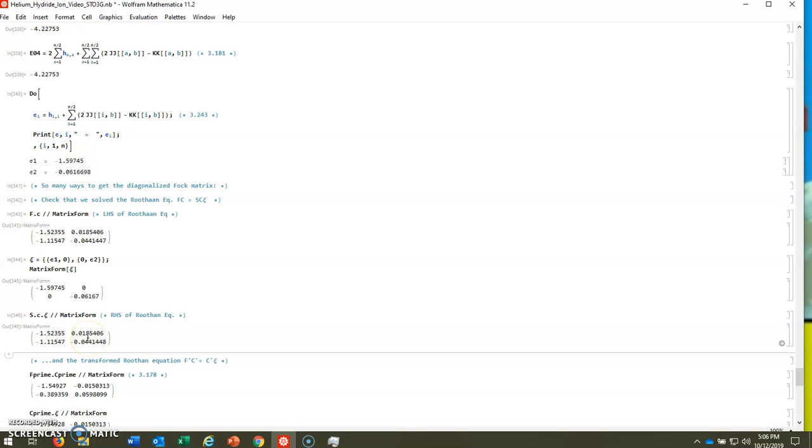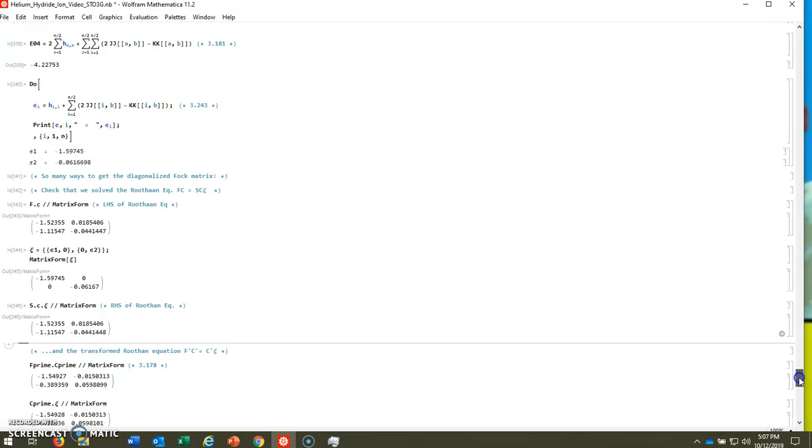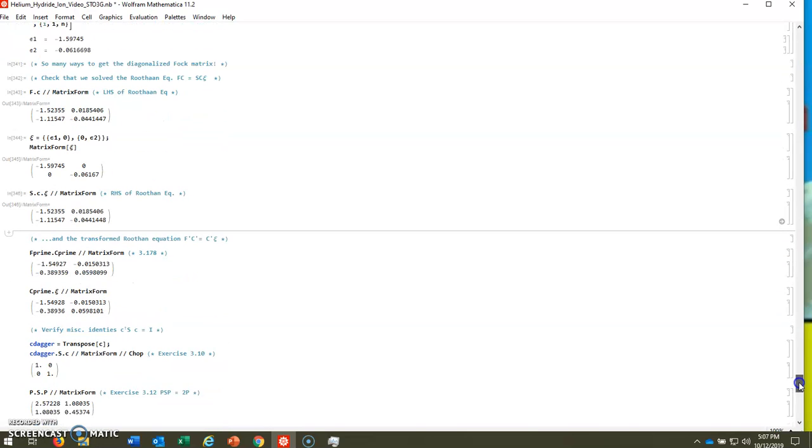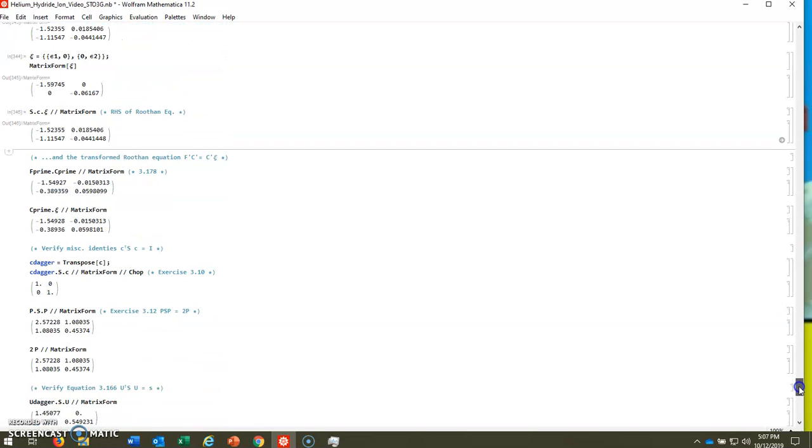So just checking, plugging our answers back into the equations and verifying that we solved them. So yep, Fock matrix times coefficient matrix does equal the overlap matrix times the coefficient matrix times the orbital energy matrix. Fun to see those equations really work.